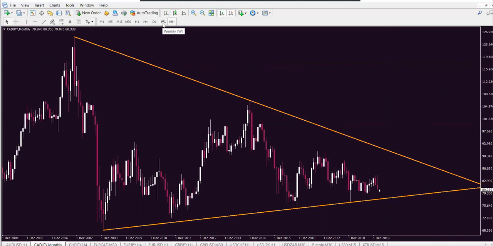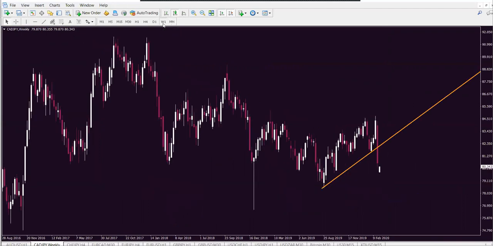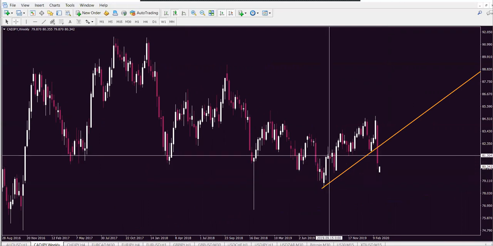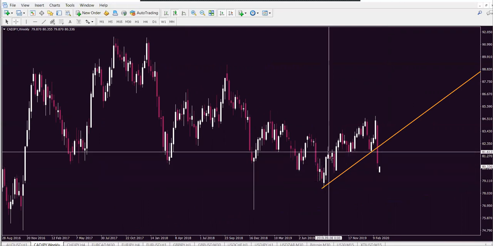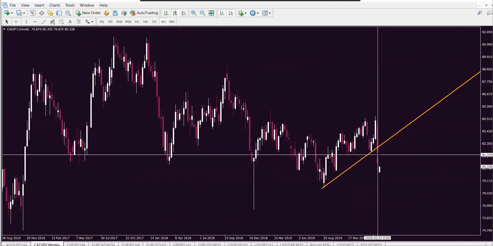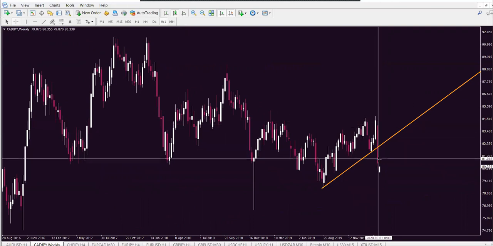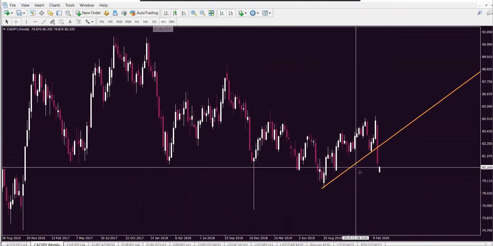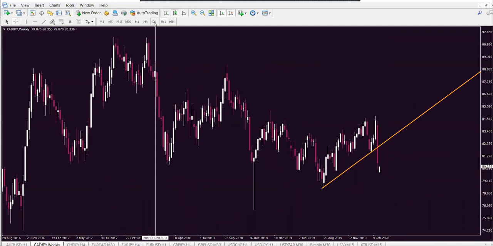All right, so on the weekly, we notice a bullish movement here, and then price broke the bullish trend line. So anything is possible at this time. We could see a retest of the back of the trend line right here.